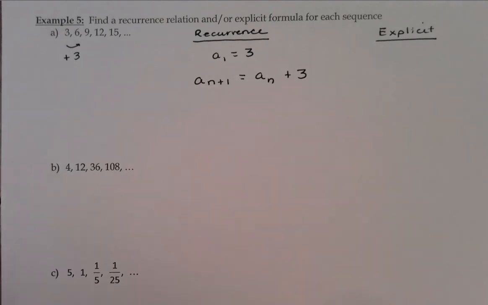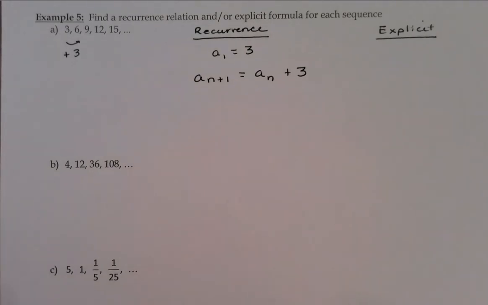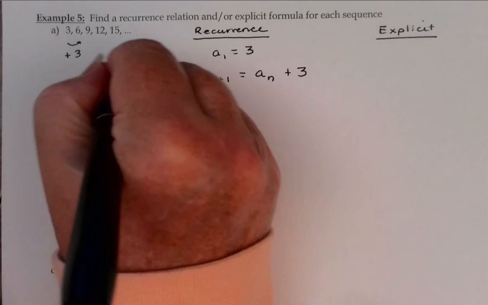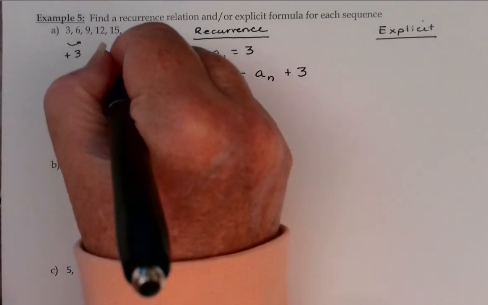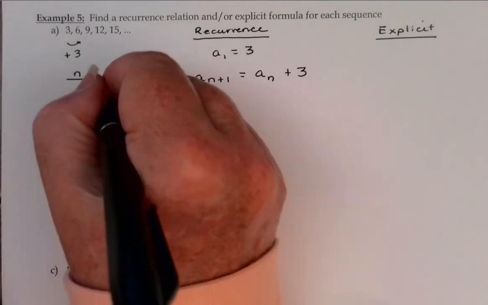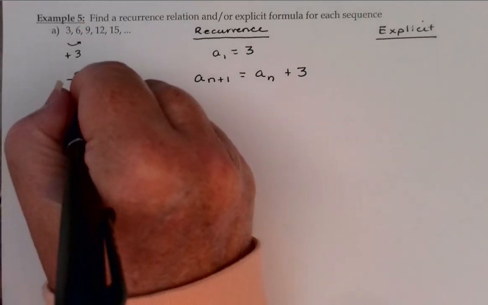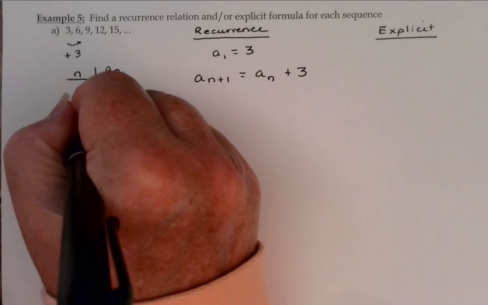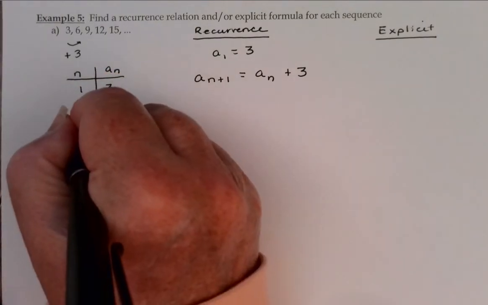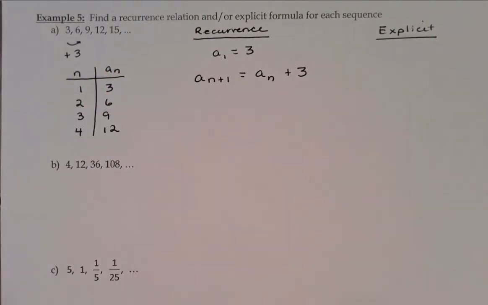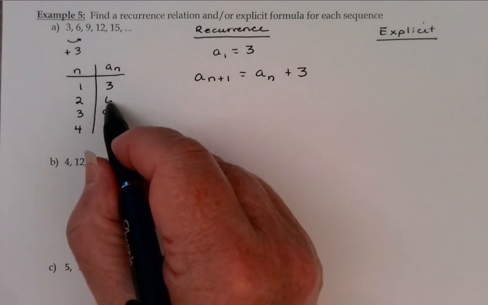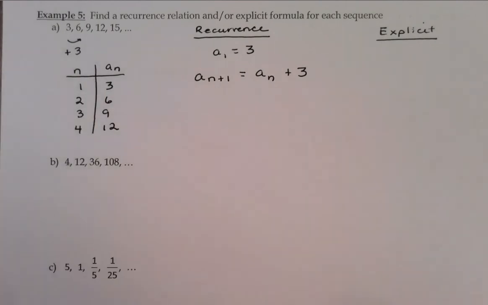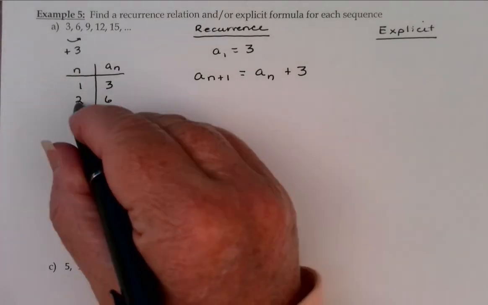To get the explicit formula, we might want to again think of this in terms of an input-output set. The first term is 3, second term is 6, third term is 9, fourth term is 12, and so on. And I can see that the slope here would be 3 over 1. 6 minus 3 is 3, 2 minus 1 is 1.